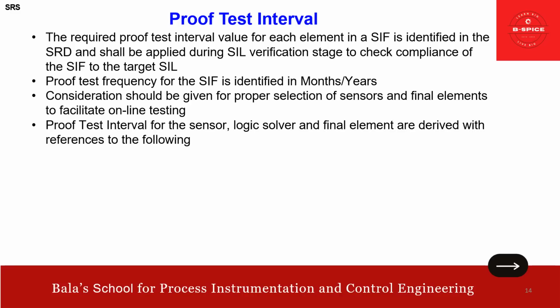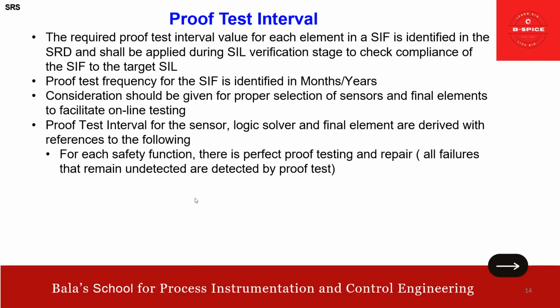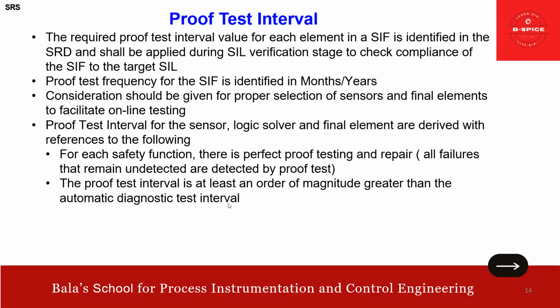Proof test interval for the sensor, logic solver, and final element are derived with reference to the following. For each safety function, there is perfect proof testing and repair. The proof test interval is at least an order of magnitude greater than the automatic diagnostic test interval. That is the point.